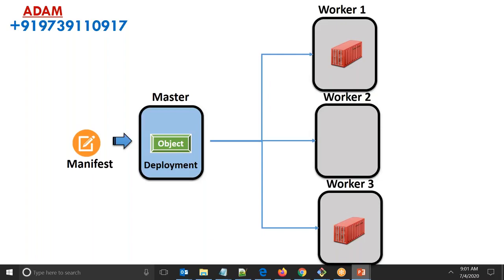So let's assume that in my worker 3, I have enough resource, so Kubernetes can create both the pods on the same machine, correct? So that is how your need is to create two replicas, and you don't have to worry about which machine. Kubernetes will take care. So that is how deployment will make sure that you will have the same replica available, but you don't have to worry on which machine.